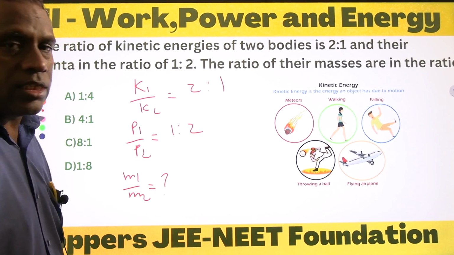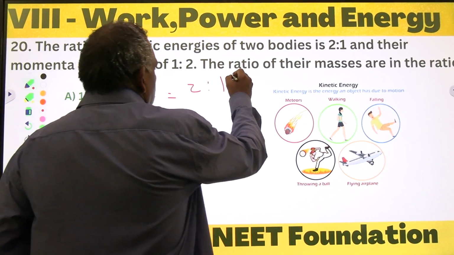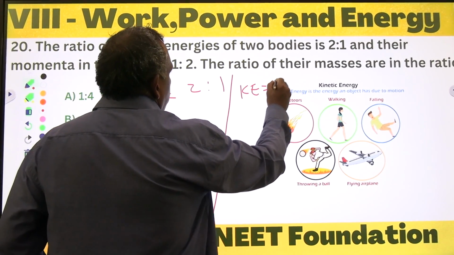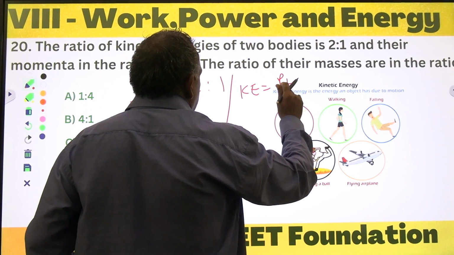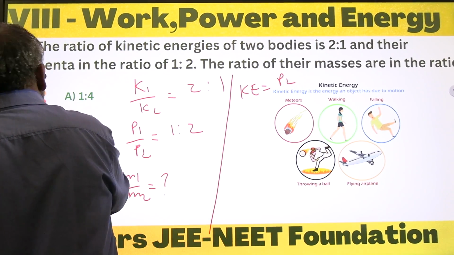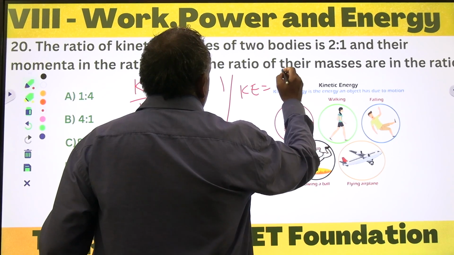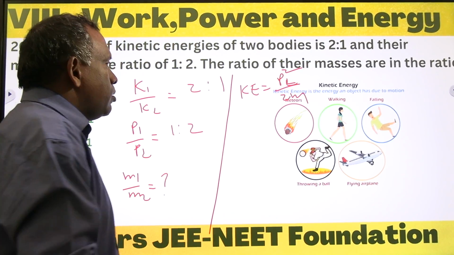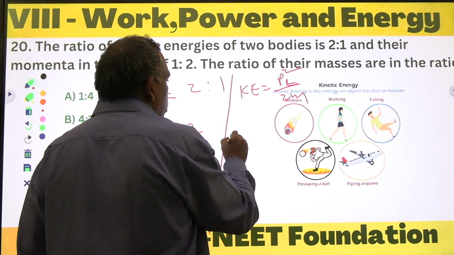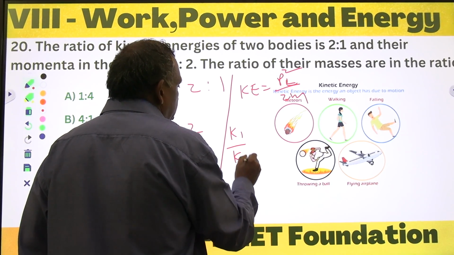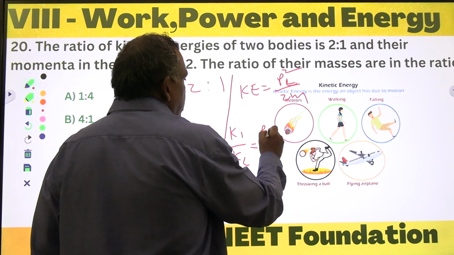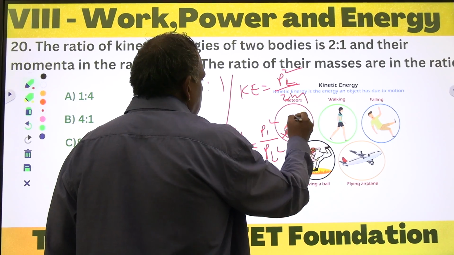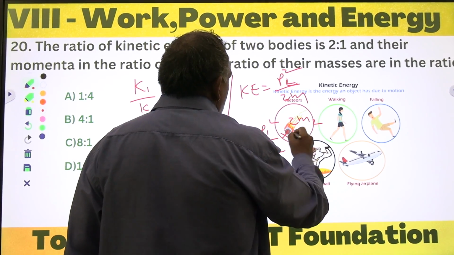To find this, what formula can we use? See, the formula is kinetic energy is equal to P square by 2M. You can use this formula. So you can write K1 upon K2 is equal to P1 square upon P2 square into 2M2 upon 2M1.